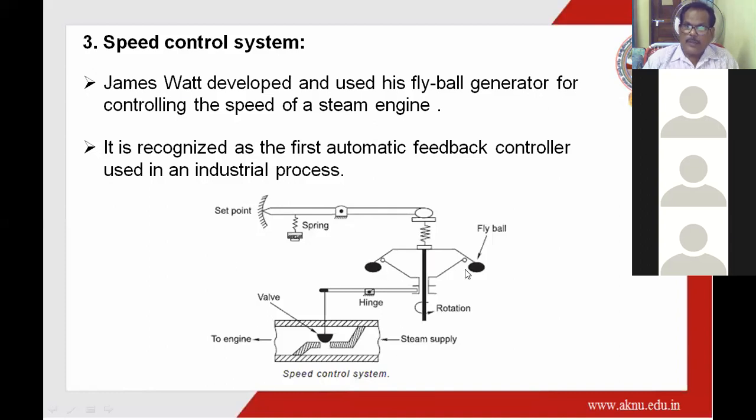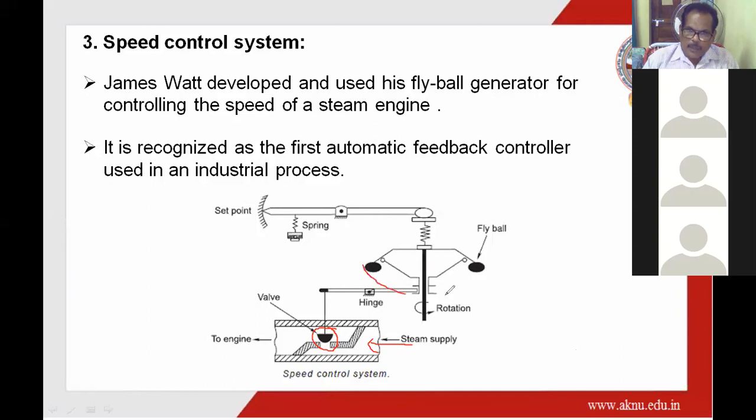So here we have the fly balls. Based on these fly balls, we give the steam, so we get the pressure. Here is the valve, see the slide. For example, if you increase the force of the steam, then the valve moves upward, and therefore it operates the fly balls.